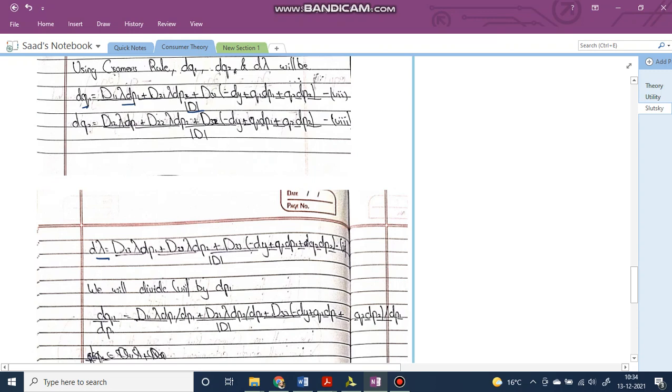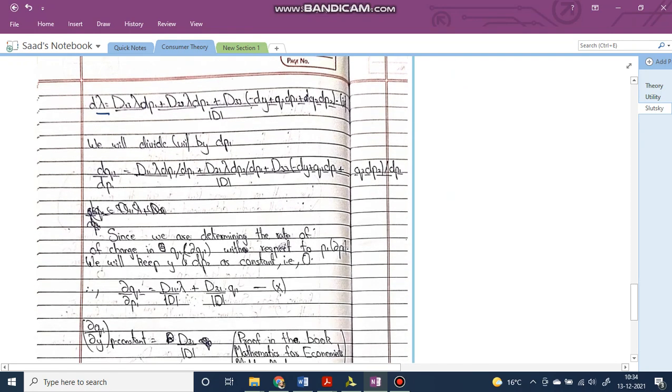Now for the Slutsky equation, we are only calculating the change in q1 when there is change in p1. So we will take our equation dq1 and divide it by dp1. After dividing, we are only concerned with dp1 and dq1, so we will take dp2 and y as constant. In differentiation, if we take any number as constant, then we will treat it as 0.